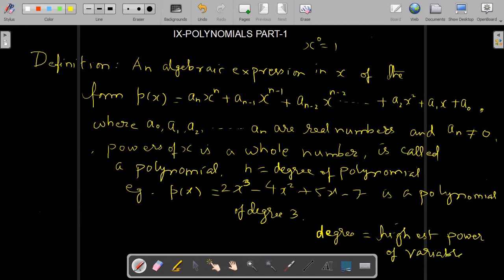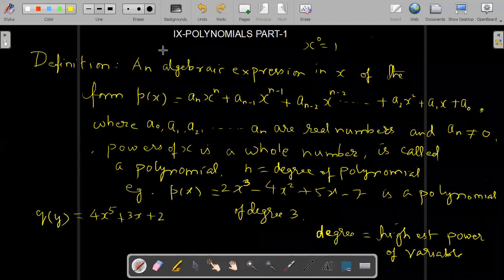Like another example, we can say that q(y) equal to 4x raised to the power 5 plus 3x plus 2 is a polynomial. It is not necessary that all terms are there. So here it is a polynomial and its degree is 5.